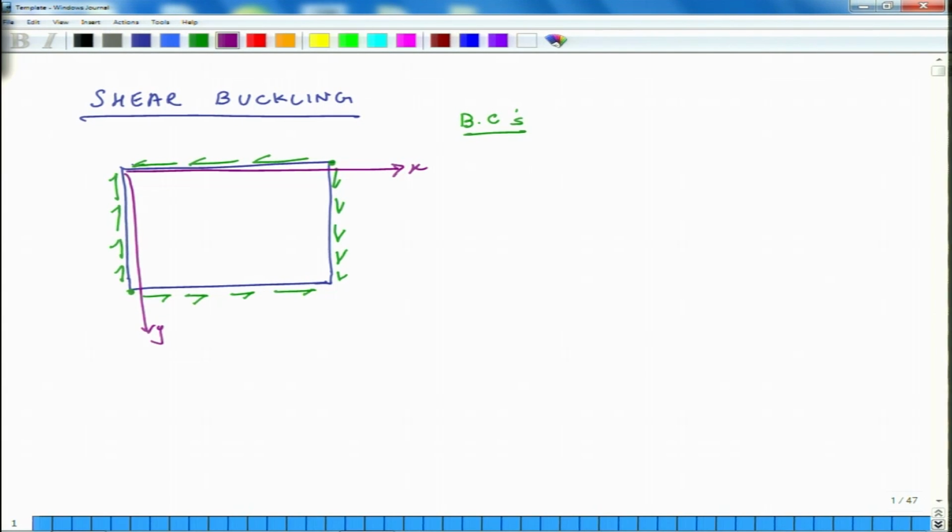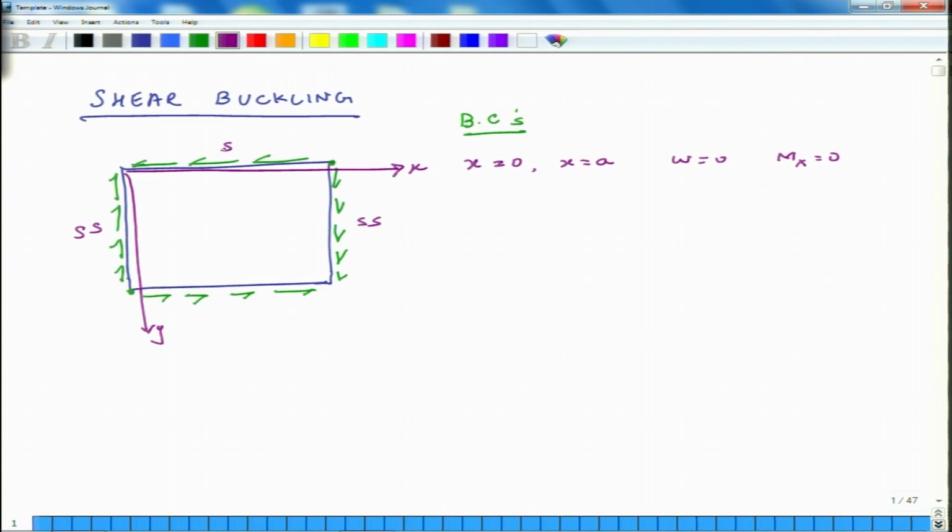At x equal to 0 and at x equal to a, w is equal to 0 and Mx is equal to 0, which means that the plate is simply supported on these two edges.